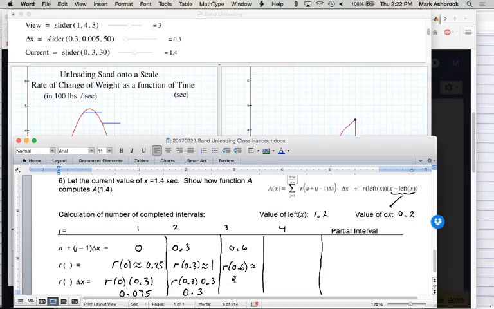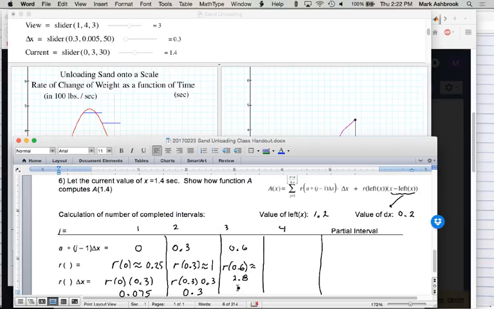I'm hearing about 2.8. Is that agreeable to everybody? Then we take r of 0.6, which is 2.8, times the change in x.